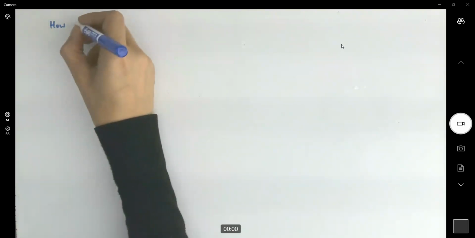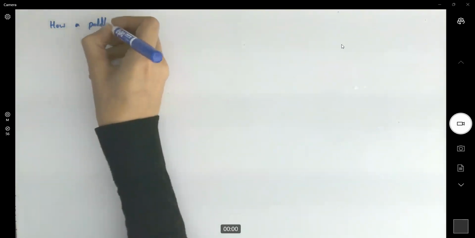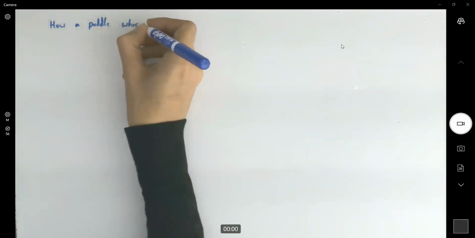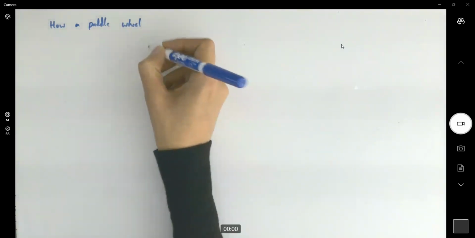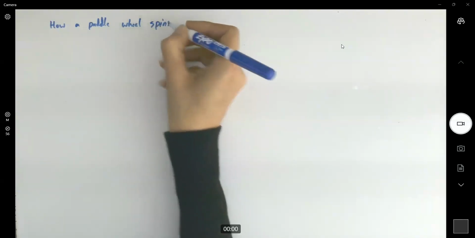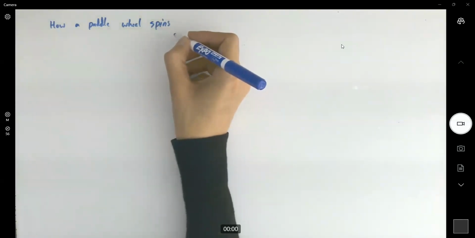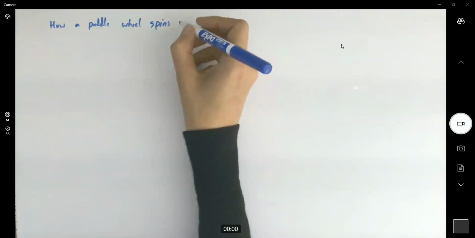Here's a question: how does a paddle wheel spin at a point in a fluid flowing in a plane region? We're going to use Green's theorem and come up with some ideas.